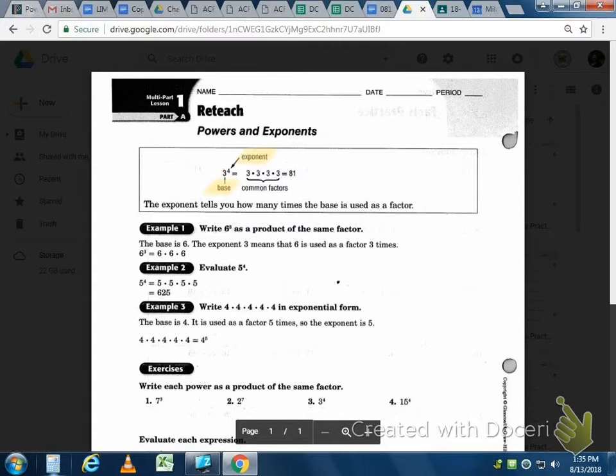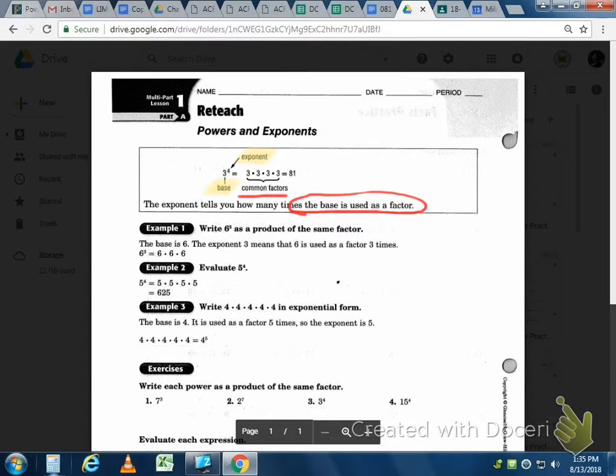The exponent just means how many times you use the base as a factor. So 3 to the 4th power means 3 times 3 times 3 times 3.